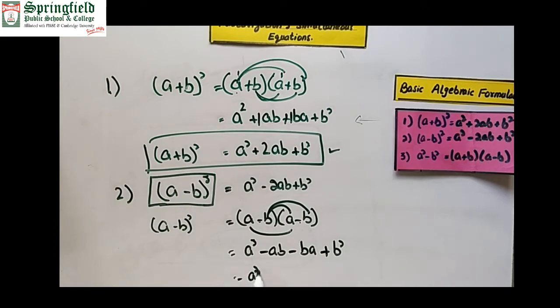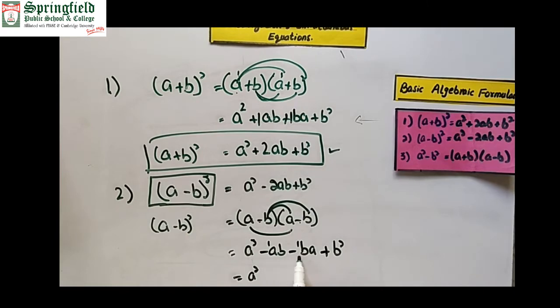So a square, and the coefficient of ab is 1 and ba is also 1. So during addition and subtraction, as I told you, the coefficients will add and subtract. So add minus, it means they will add.